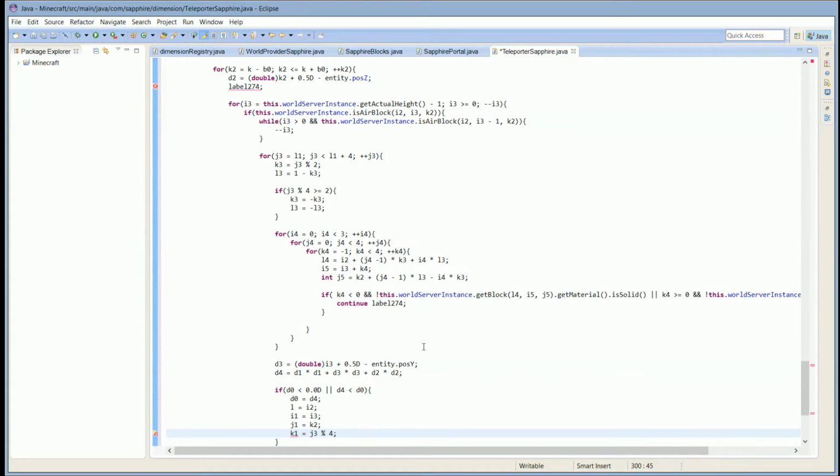Okay? Okay. So, once again, this is all positioning.